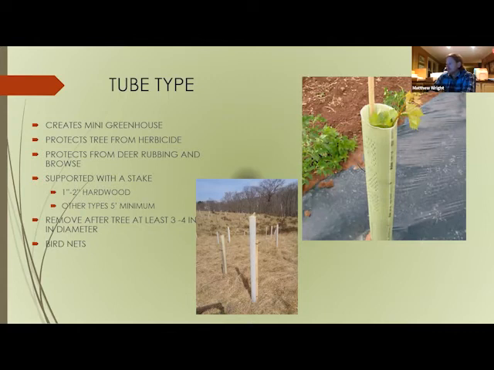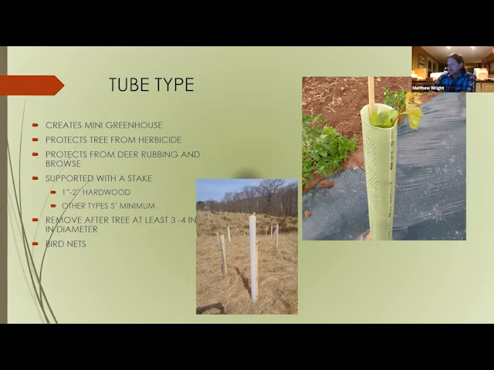There's just advantages with some over the other. They create like a mini greenhouse effect, which is supposed to promote growth in the tree. And they also protect the tree from herbicide when you're out there spraying around them. That's a big advantage. And it protects the tree from deer, from rubbing and browse.